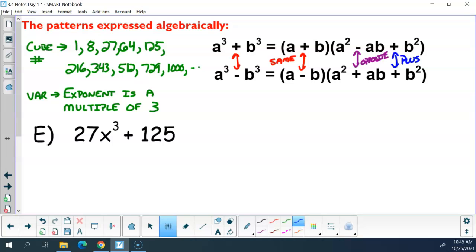It's on our list. So this is really the quantity 3x cubed plus 5 cubed. So 3x would be my A, 5 would be my B.